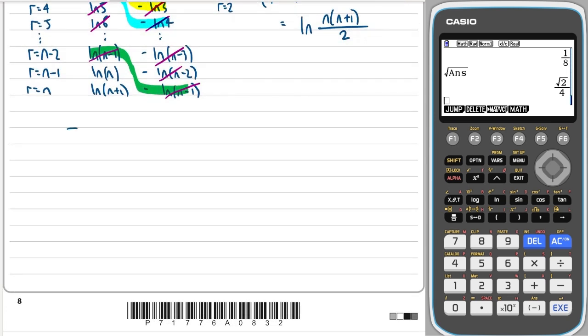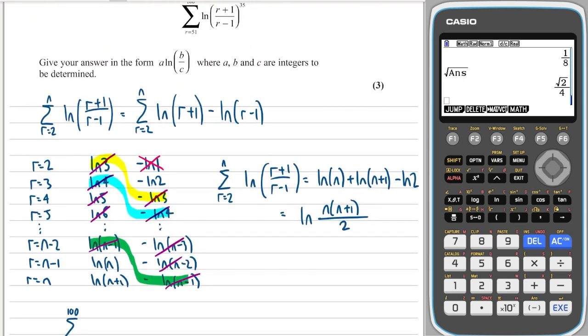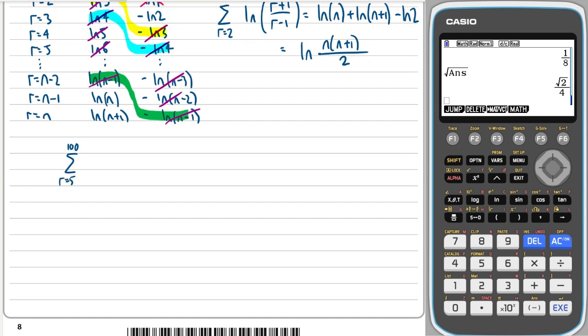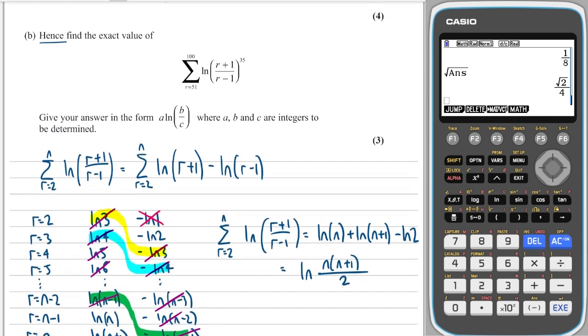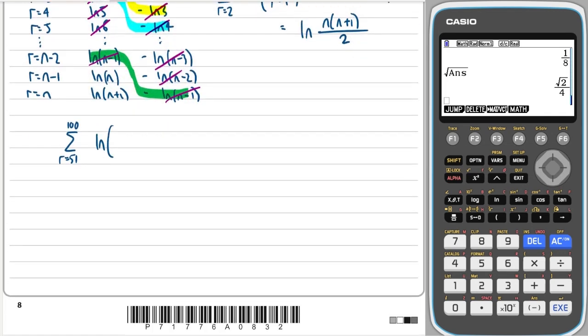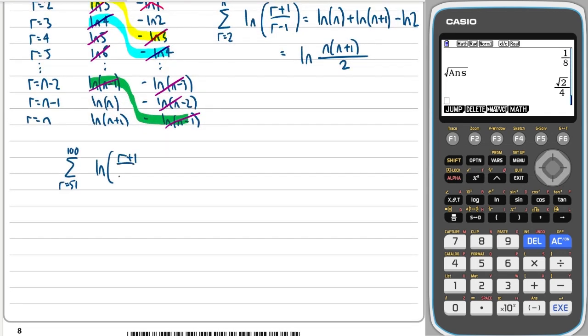Okay, so we're going to write the summation from r equals 51 of ln of ((r plus 1) over (r minus 1)) to the power of 35. Now we can rewrite this: first of all, we can bring the 35 down as it's a power, and it can come out of the brackets because it's multiplied by a constant.